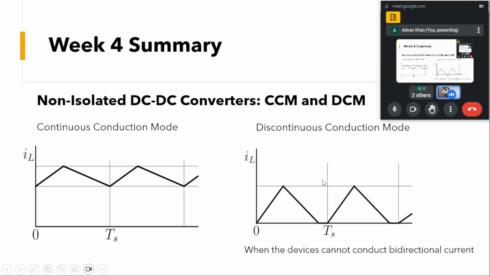And similar will be there in other converters depending upon the topologies. You can see when the current can have a discontinuous conduction mode. It is only when we have a device there that is not able to conduct the negative current, so the current stays zero for that amount of time.